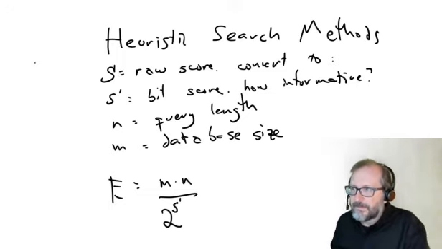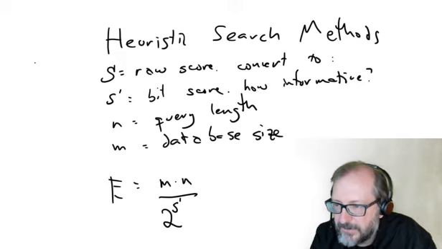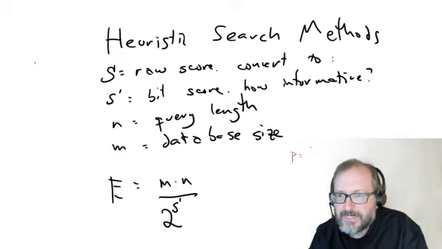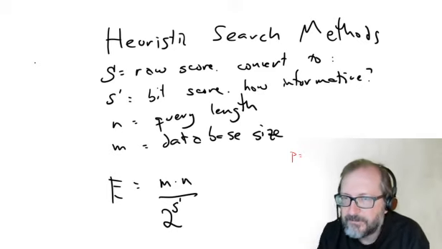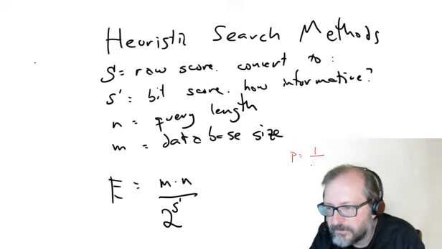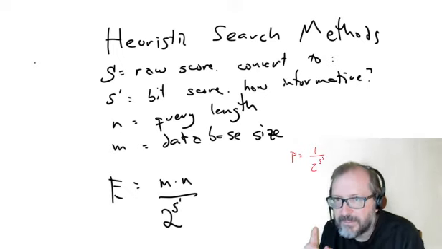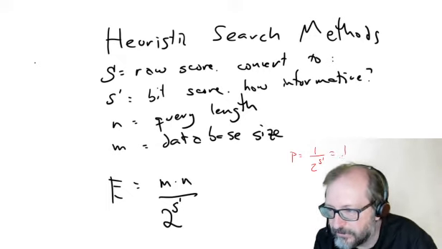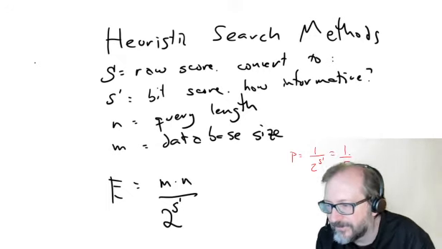So your p-value, or your probability of correctly guessing a certain event, would be 1 over 2 to the s prime, where s prime is your bit score, right? And we said it was 1 bit. So in this case, that was 1 over 2.